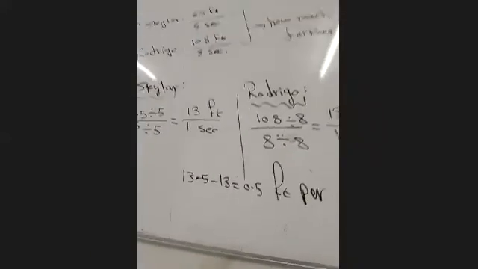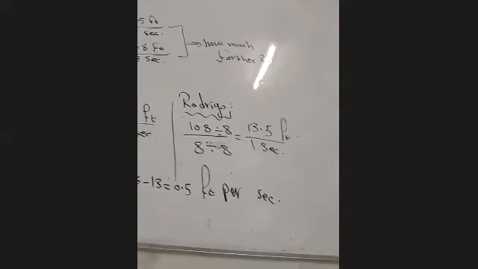Mister, in question 2, I put 13.5 minus 13 feet equals 0.5 feet in 1 second. Again, you put 0.5 feet in 1 second. Per second or in 1 second, it's the same.